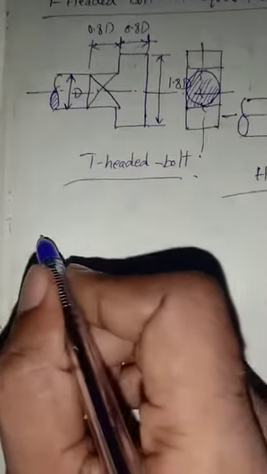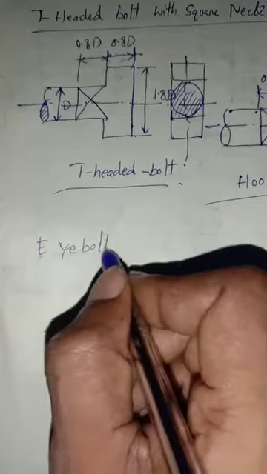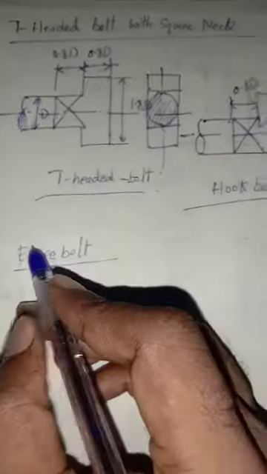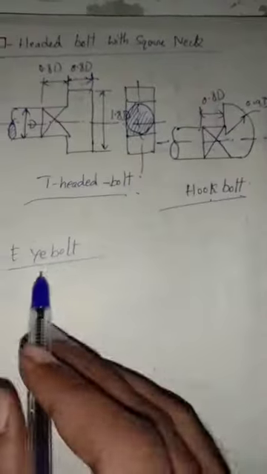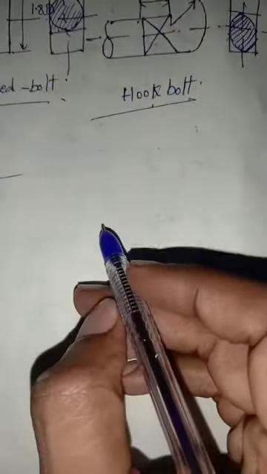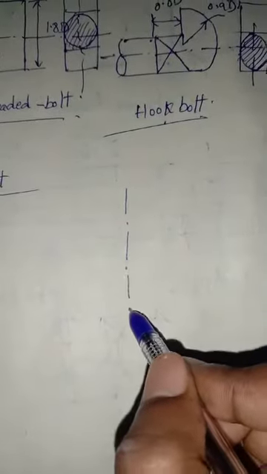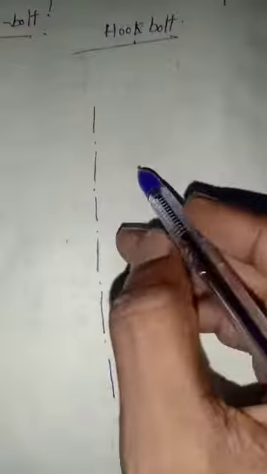Okay, so now we are going to see another one, eye bolt. Hook bolt, T bolt, hook bolt, now eye bolt. Okay, and then see here eye bolt. I am going to draw axis line like this.